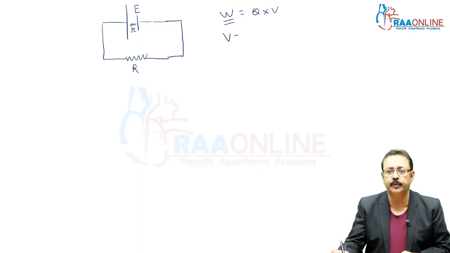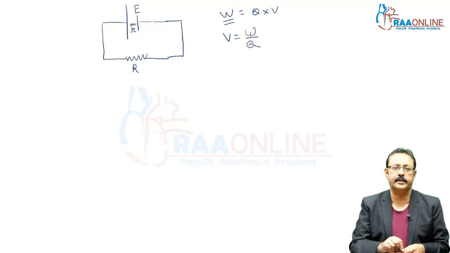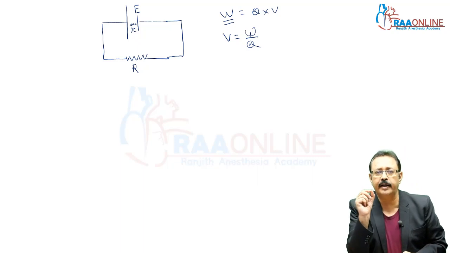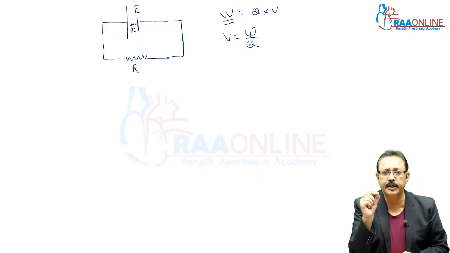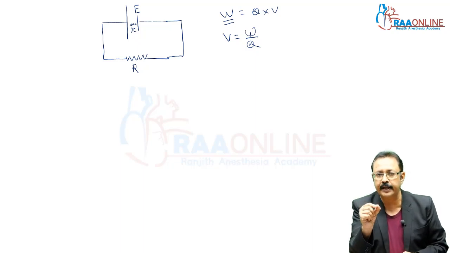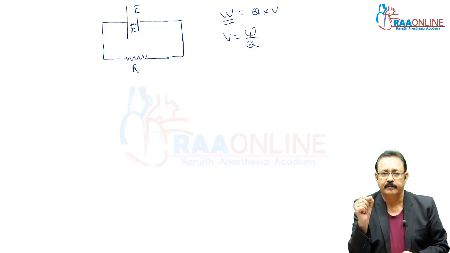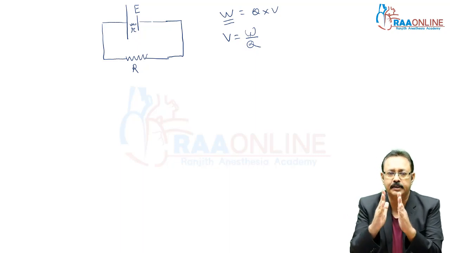V is equal to W upon Q, which means energy per unit charge. So we can say that the energy a unit charge gets from the cell to complete one cycle in the circuit, meaning the outer circuit and the inner part of the circuit, is known as the EMF of the cell.